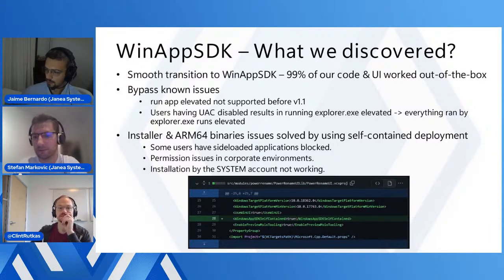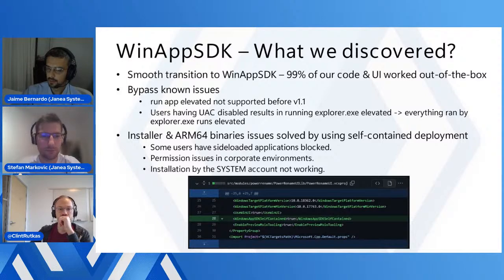For example, users have different configurations, different setups, different use cases, and users having UAC disabled also had Explorer running elevated, which resulted in everything run by Explorer also running elevated, which, when trying to run our app elevated with Windows App SDK 1.0, didn't work.